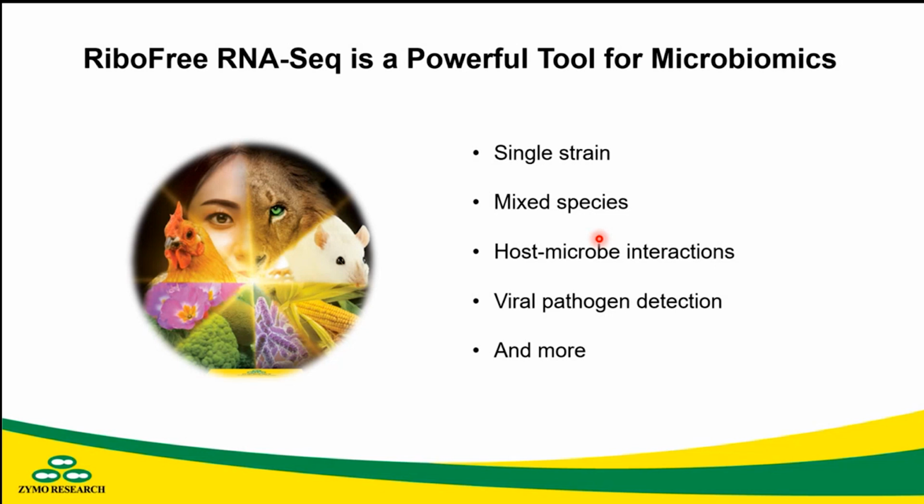We actually have customers sequencing ribo-free libraries on Oxford Nanopore, but just be mindful that these libraries are NGS length, so they are shorter than what is traditionally known as long read, which is probably several kilobases. There would also be bioinformatic considerations.